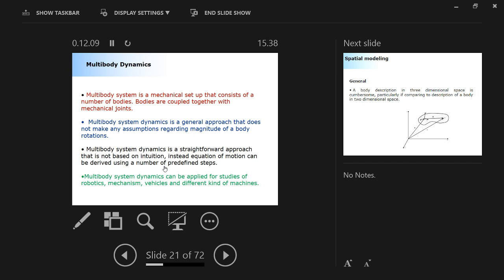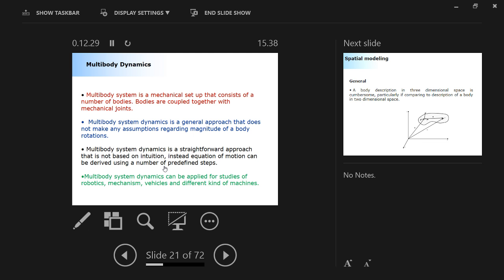Because of the large rotations, generally speaking, there are no analytical solutions available. Instead, we have to create the equation of motion, and once we have it, we solve it by using numerical time integration techniques. That's how it goes.